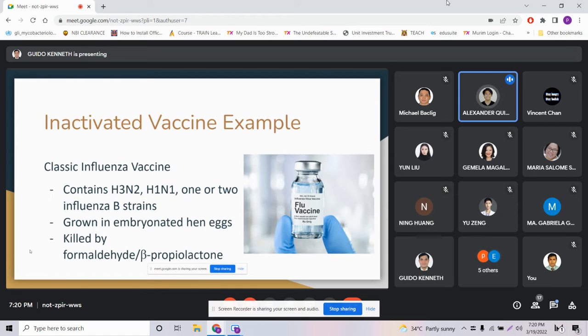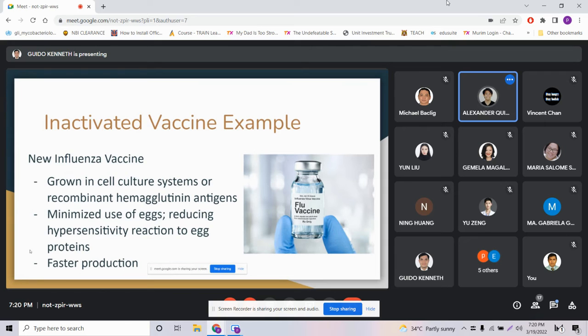We also have an inactivated influenza vaccine apart from the attenuated one, which contains H3N2, H1N1, and one or two influenza B strains. The H3N2 and H1N1 are actually influenza A strains. They are grown in embryonated hen eggs and are killed by, of course, formaldehyde or beta-propiolactone.